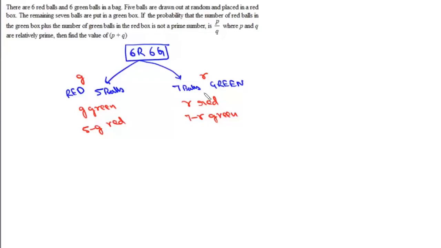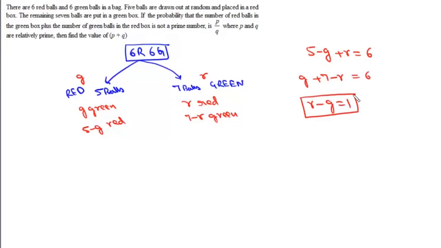Now if we count the total number of red balls, it will be 5 minus G plus R, and it will be equal to 6, and the total number of green balls will be G plus 7 minus R, and it should be equal to 6. So from here we can write R minus G should be 1. So that is the relationship between R and G.